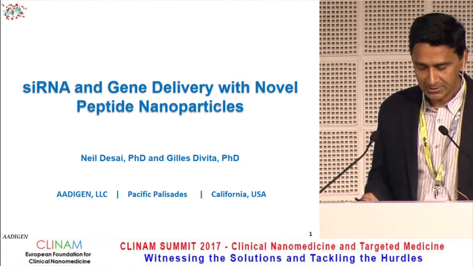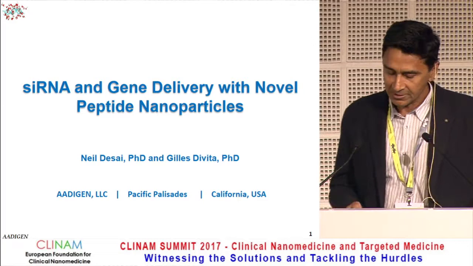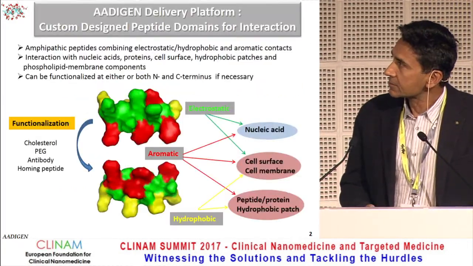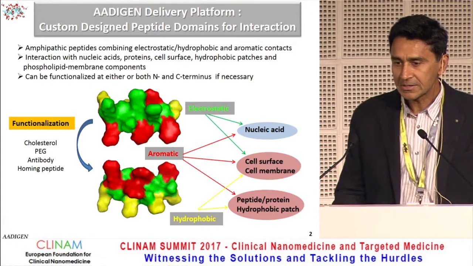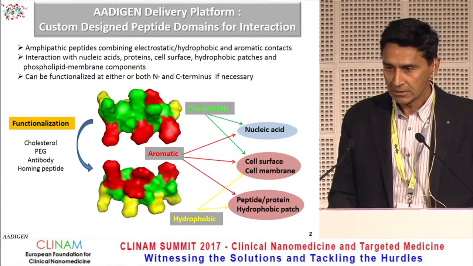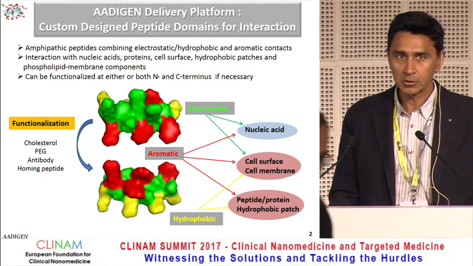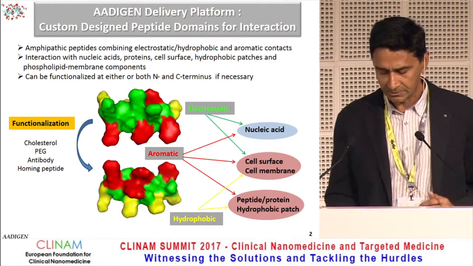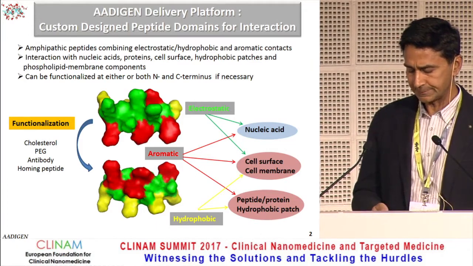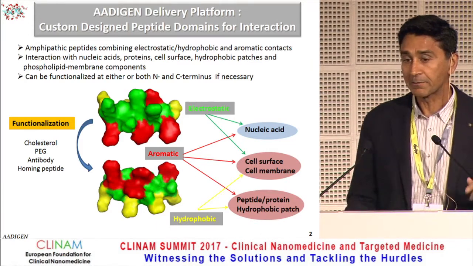So we have two talks here today. One is on siRNA and gene delivery, and the other one will be on gene editing. So basically, what we're using for this technology for delivery of nucleotides in general is a series of peptides. The peptides that we use are amphipathic peptides.